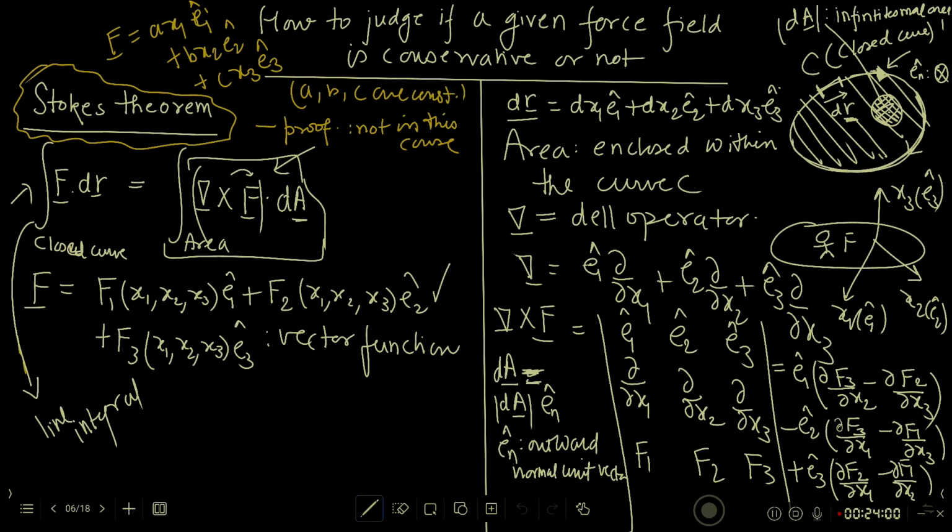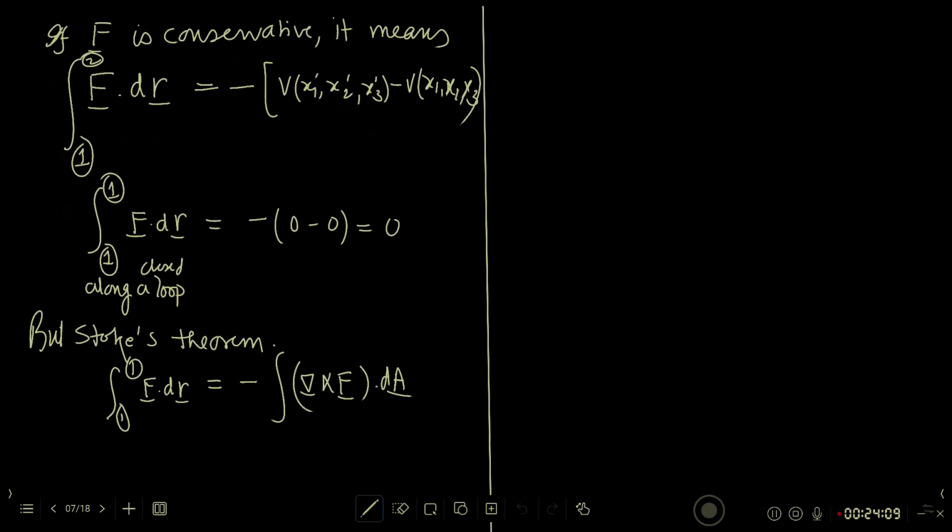There is a dot product here. We did not highlight it. But left hand side is 0 for a conservative force. It means this should be 0. Okay.